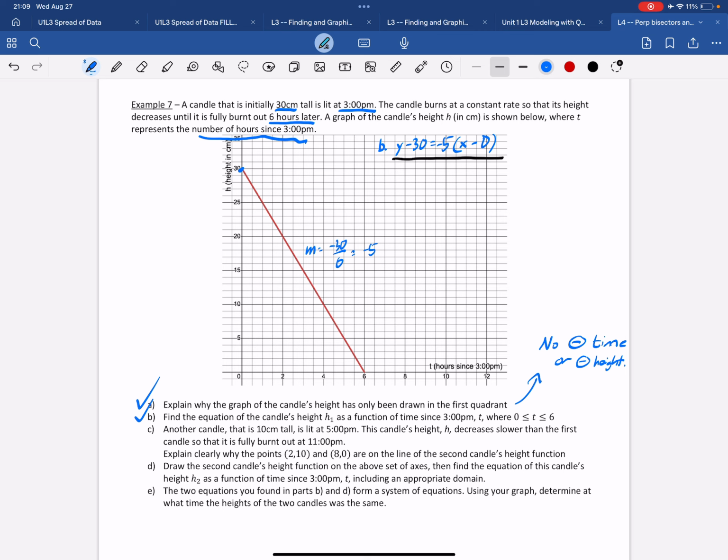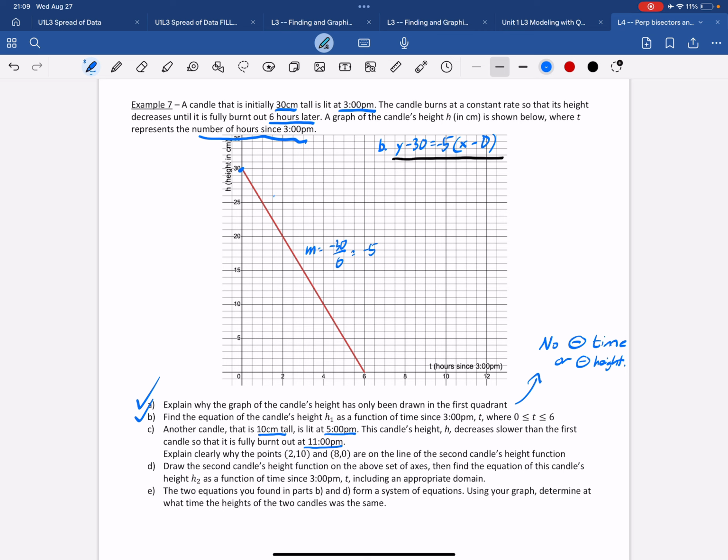Check. Another candle that is 10 centimeters tall is lit at 5. That candle's height decreases slower than the first, so it's fully burnt out at 11. So it's 10 centimeters tall, lit at 5 o'clock, and it burns out at 11, which is 6 hours later. Why are the points (2, 10) and (8, 0) on the line?